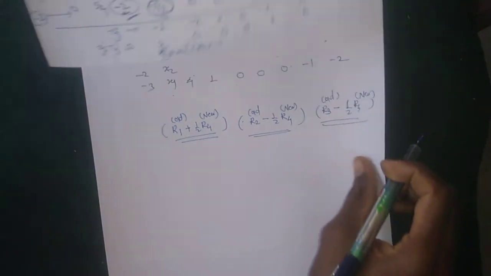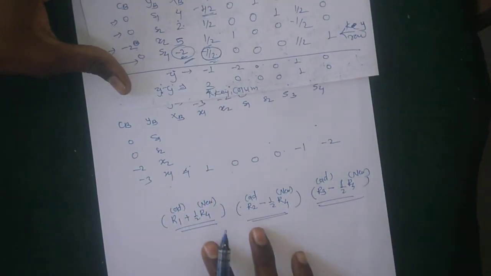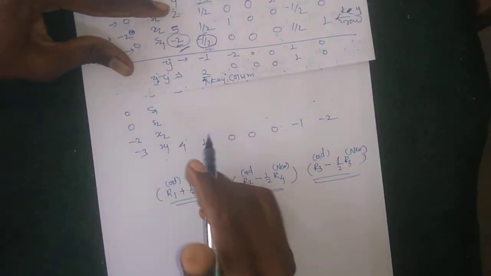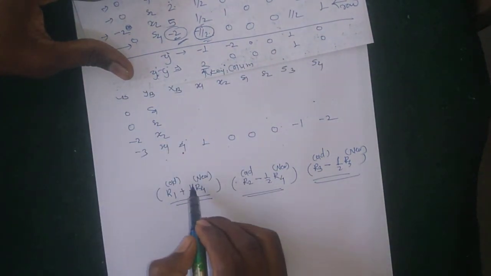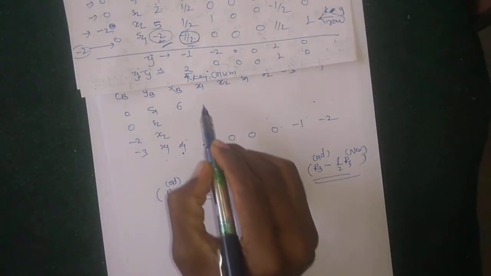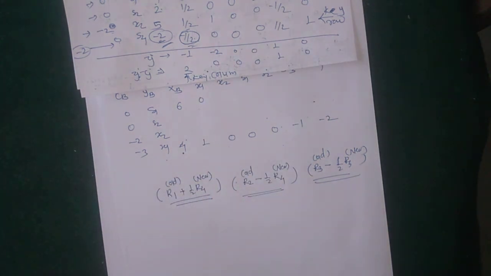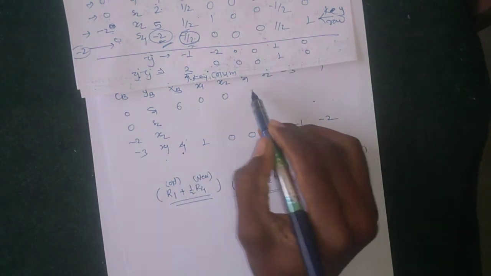So taking these three operations, we get, for the first column, R1 plus 1 by 2 R4: 4 plus 2 is 6. Then for the x1 column, minus 1 by 2 plus 1 by 2 is 0. For the s2 column, 0 minus 0 is 0. For the s1 column, 1 minus 0 is 1.